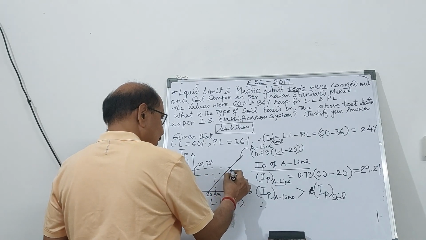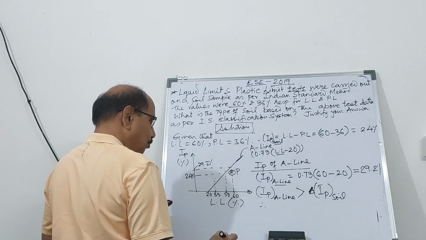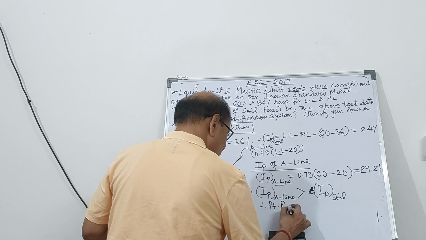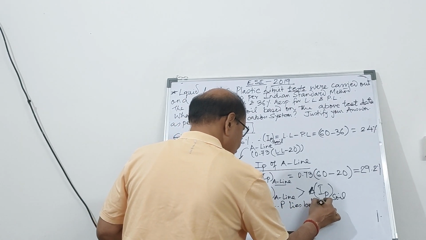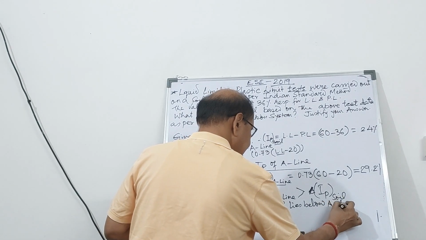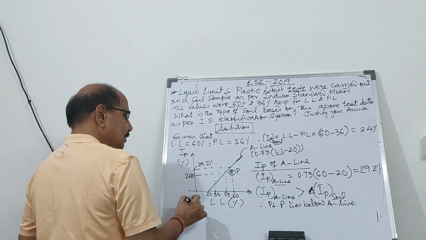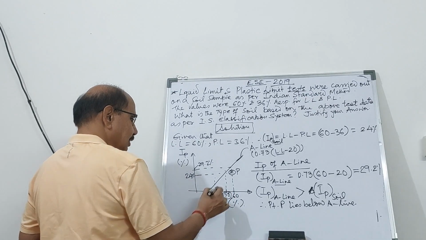Let's say this point is P. So the point P therefore lies below the A line, isn't it?